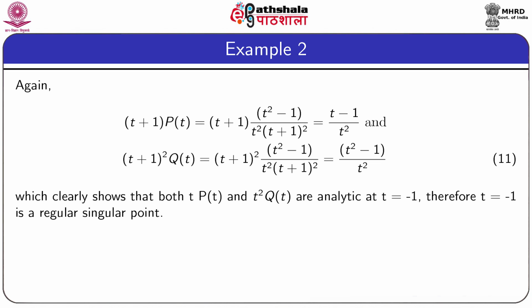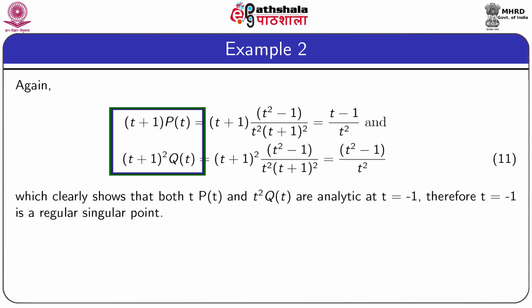We again check (t plus 1) into Pt and (t plus 1) whole square into Qt. If you simplify that, you will be getting (t plus 1) into Pt is equal to (t minus 1) divided by t square, and (t plus 1) whole square Qt is equal to (t square minus 1) divided by t square.